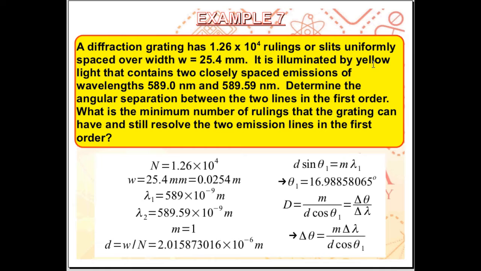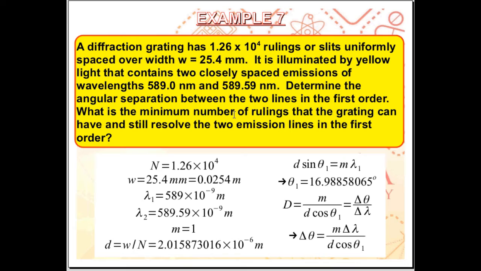It is illuminated by yellow light that contains two closely spaced emissions of wavelengths 589 nanometers and 589.59 nanometers. Determine the angular separation between the two lines in the first order.